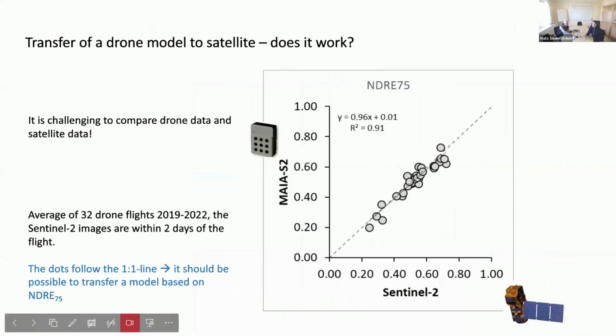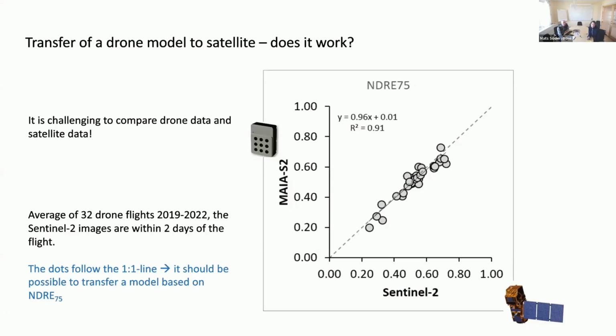One such consideration in this case is if the drone model is transferable to a satellite image, because in this case, what Kristin talked about was to develop a model that was going to be used in a satellite-based decision support system.